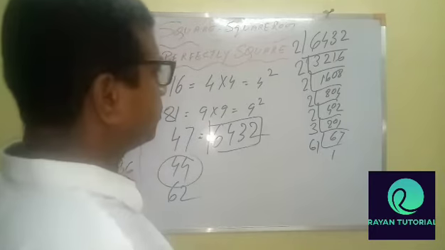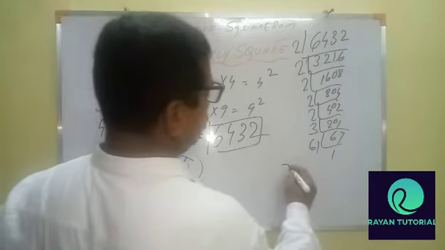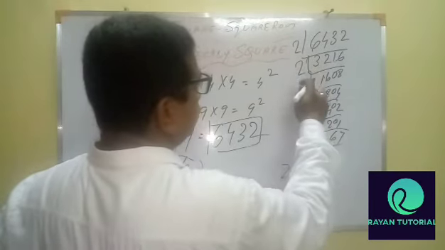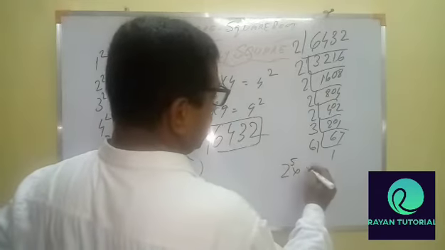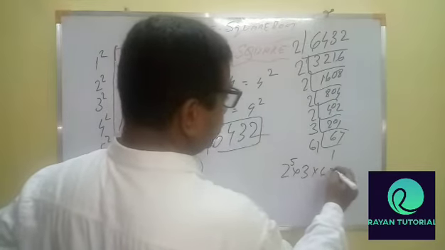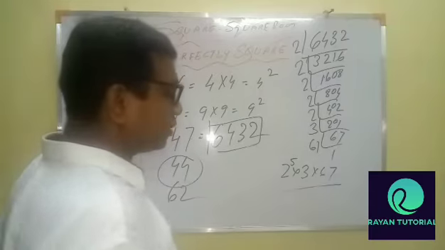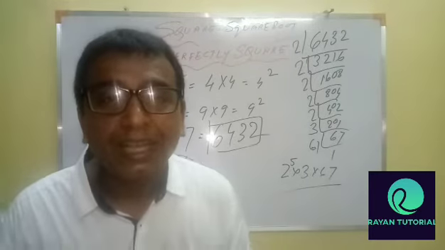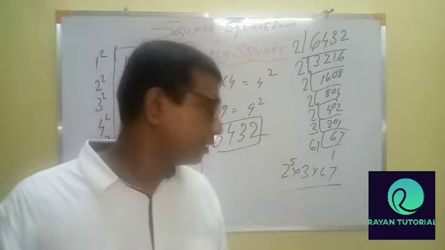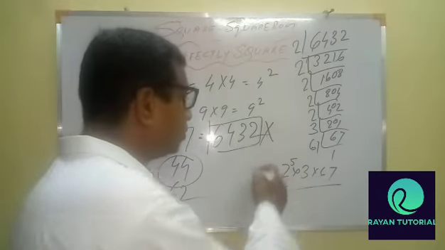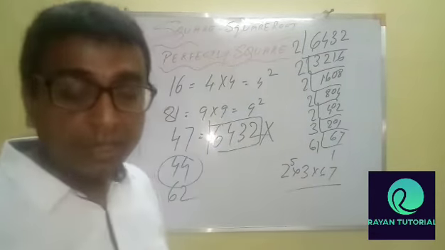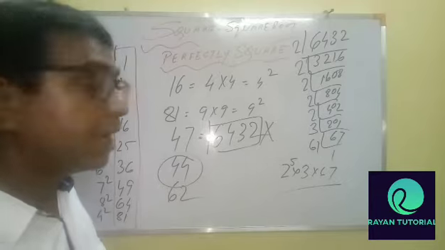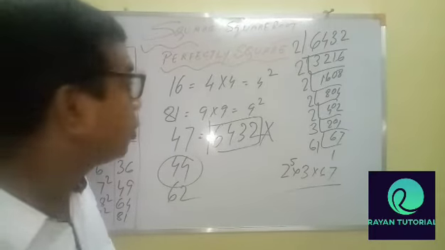Now you see, here I can get 2 to the 5 into 3 into 67. This is not squaring up, right? So this is not a perfectly square number. Is that clear? All of you understood?